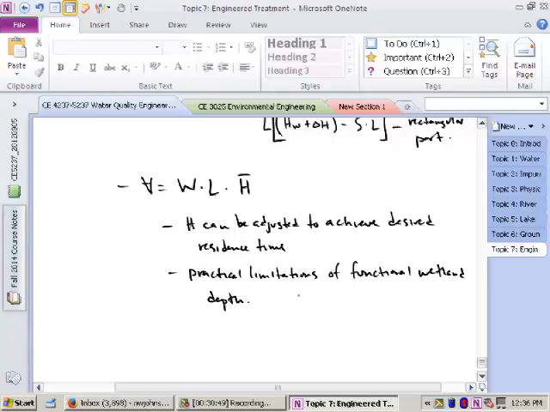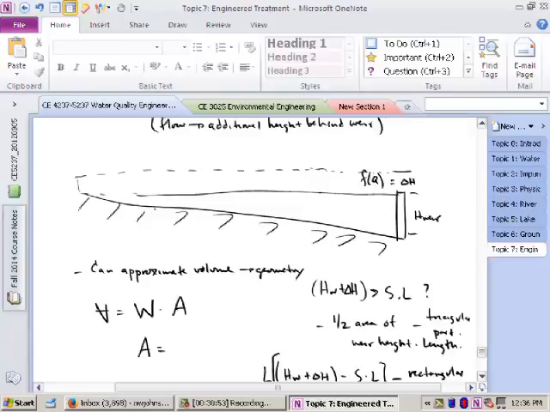Does that make sense? If this slope up here was twice as much, the max weir height is probably only 2 or 3 feet. So you're not going to be able to get near as big of a volume by building a weir if there's a significant slope.